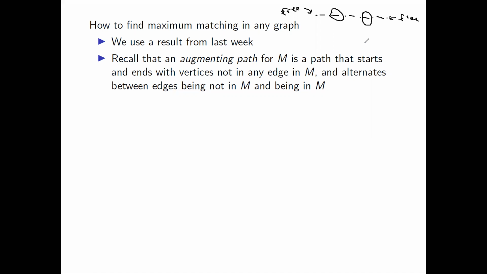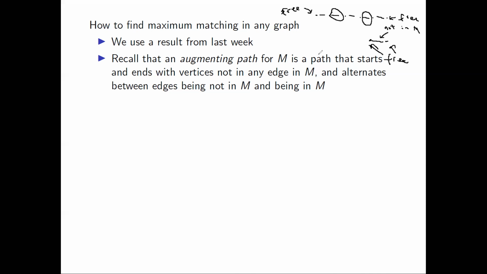So that would be an augmenting path for M. Another augmenting path for M is just a single edge that is not in M, and both these two vertices are free.